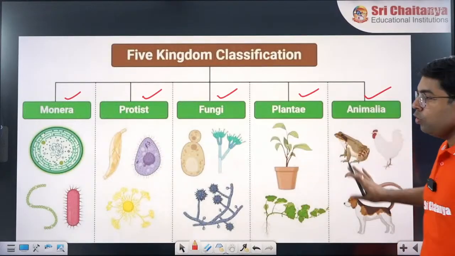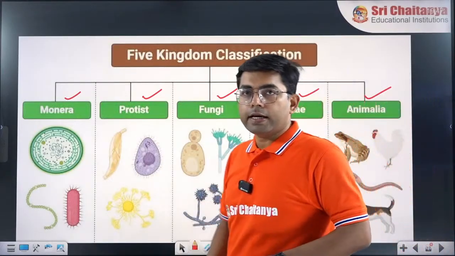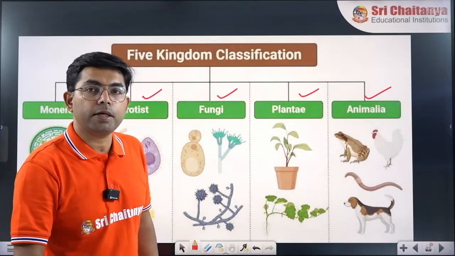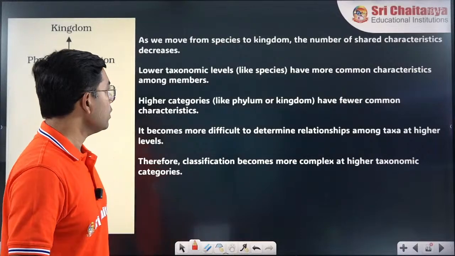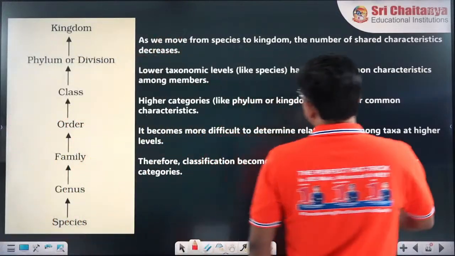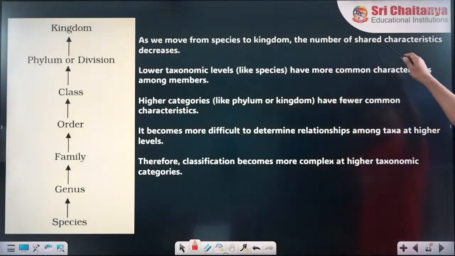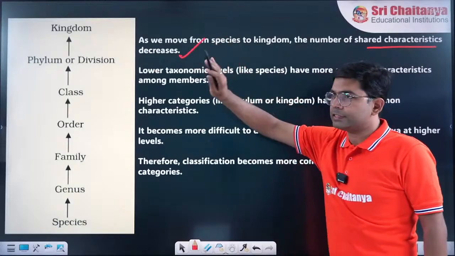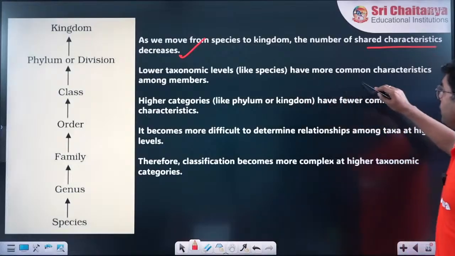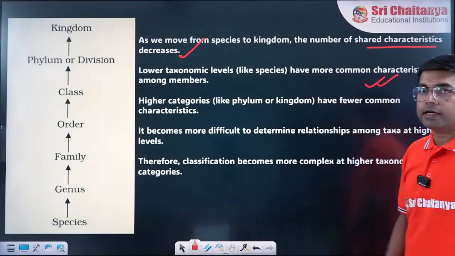So here now more and more characters will get included, and the difference in character will be maximum in kingdom. So lastly, if we summarize this entire thing, as we move from species to kingdom, the number of shared characters decreases. A straightforward statement-based question is asked. At a lower taxonomic level, more common characters are there.